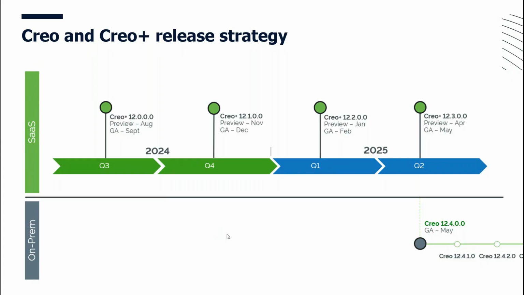And the fourth version, the on-premise version, like you see below, is the one that is now being released. This is going on for Creo 13 already, and Creo 13 is already released on SaaS and on the Creo Plus side, with some minor changes. But by doing that step by step, the testing can be done earlier. So that's also having some impact on our release strategy for next year. We'll see that.